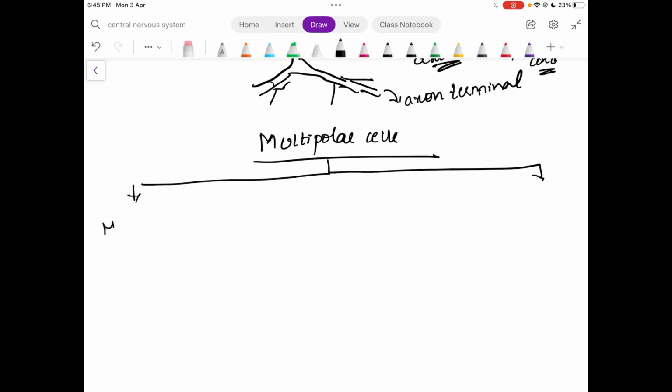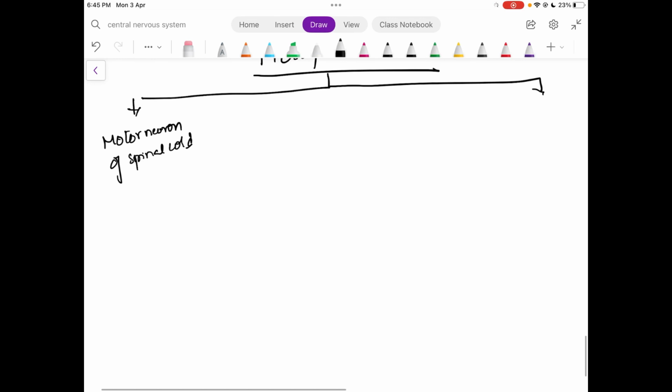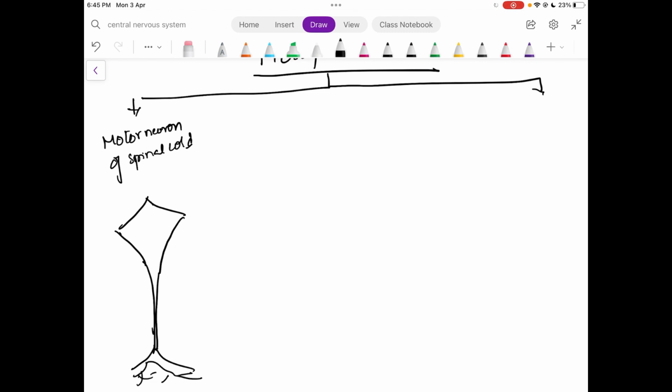One is the motor neuron of spinal cord, which has a basic structure. This is a cell body with an axon, and the axon will have terminals, and this cell body will have dendrites.